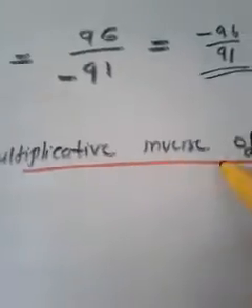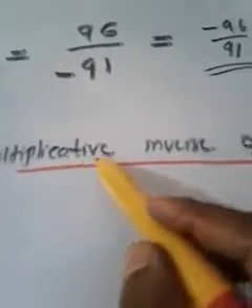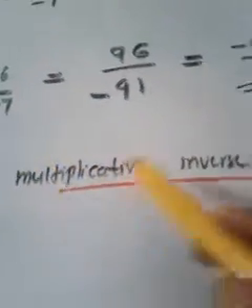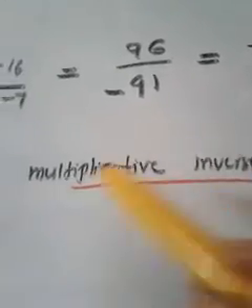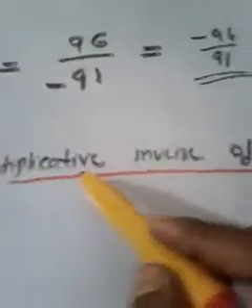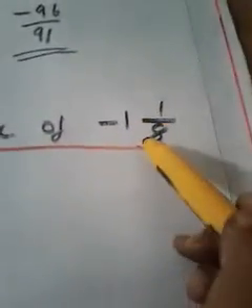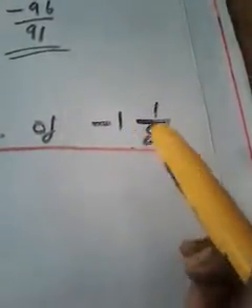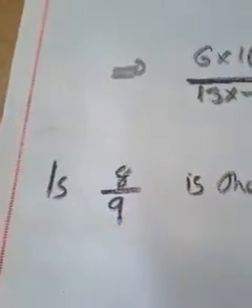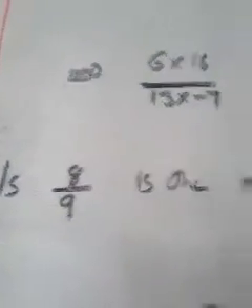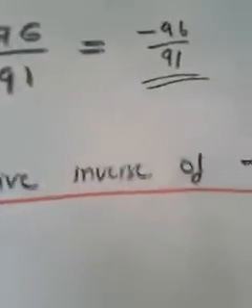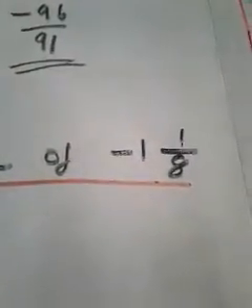Multiplicative inverse is nothing but the reciprocal. You have to calculate the reciprocal of minus 1 by 8 and check whether it is 8 by 9 or not.